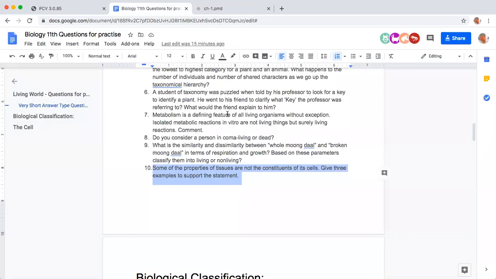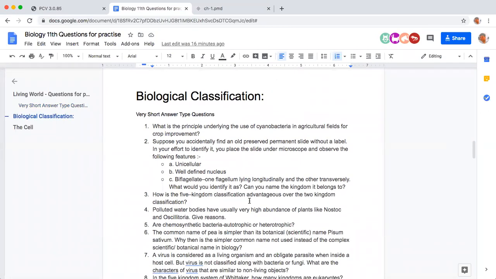With this, we are completing the questions of the first chapter. Are you able to understand the last question? Okay. Moving on further. Show the last slide once.